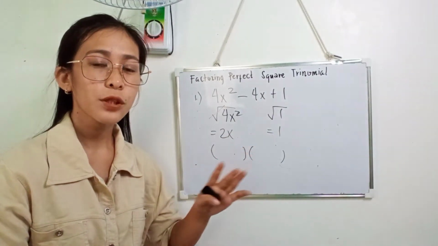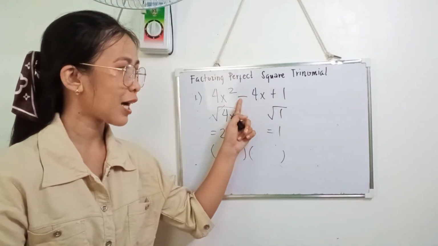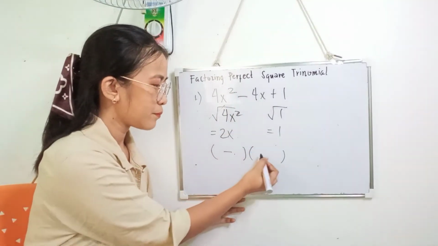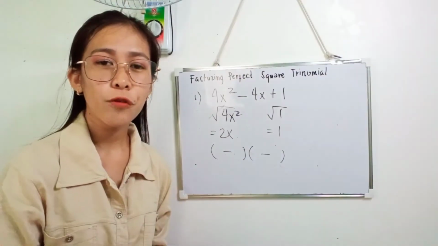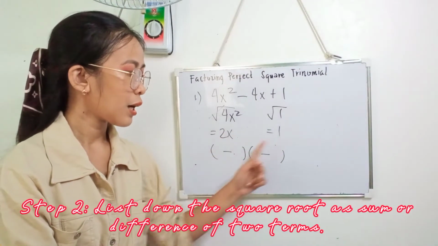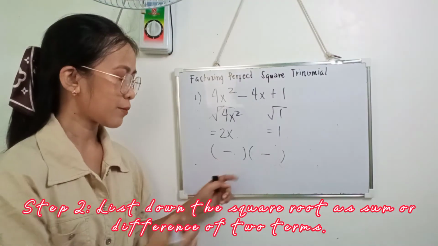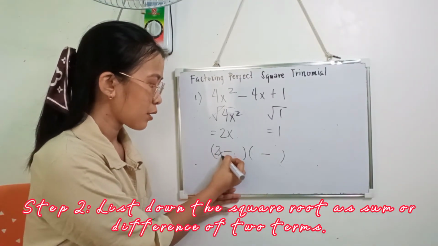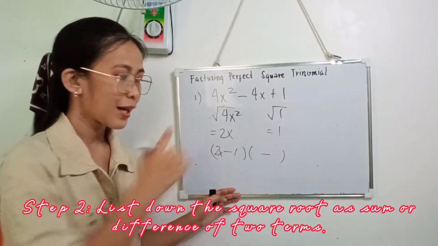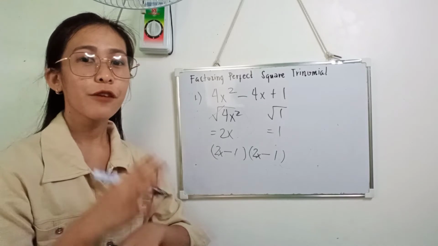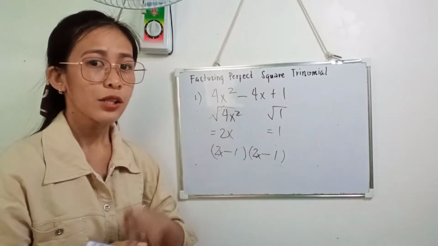We are going to put minus since meron tayong minus. Then, we are just going to list down the square roots as difference of two terms. Since we have 2x minus 1, and dito sa kabila, of course, 2x minus 1 din yan, kasi nga, we are factoring a perfect square trinomial.